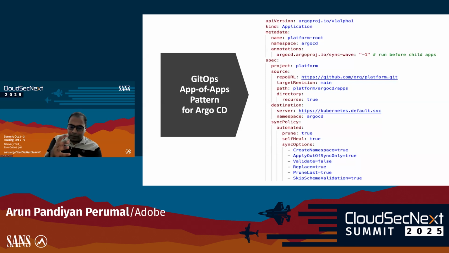So instead of loading every application directly into Argo CD, we can create a single parent application that deploys multiple child applications. This makes it easier to group services, enforce consistent structure, and scale GitOps across teams and environments. And with this pattern, every child app has its own Git repo and lifecycle process, but everything is still controlled by the parent app.